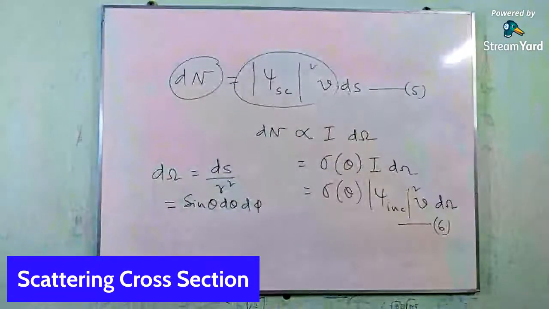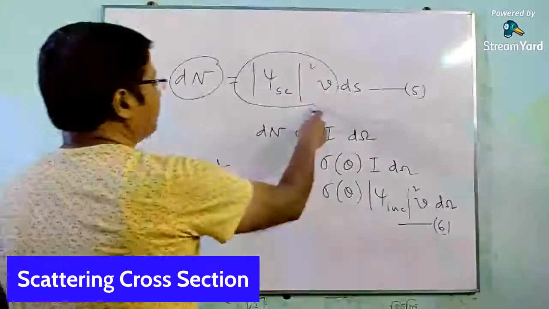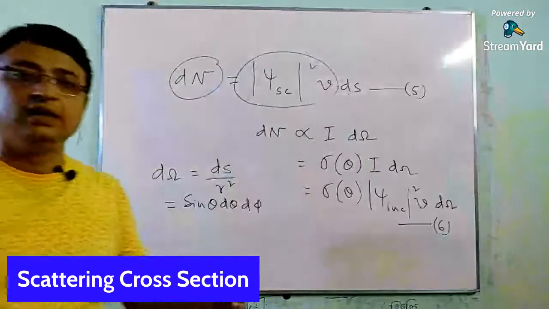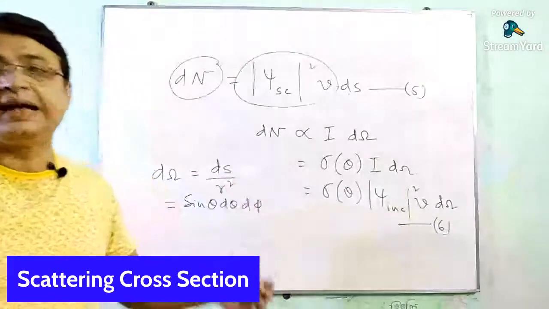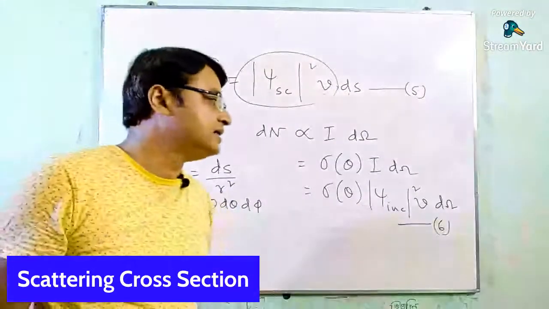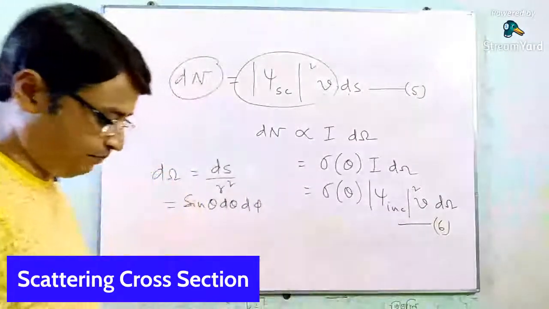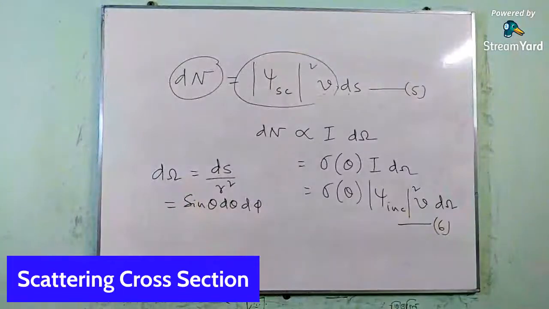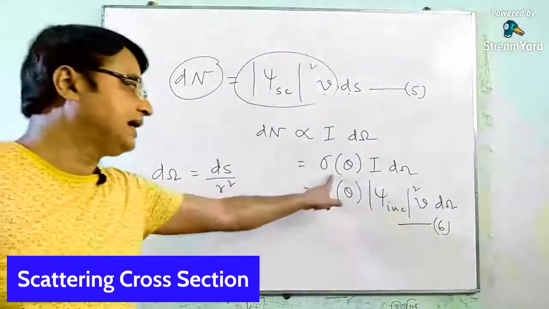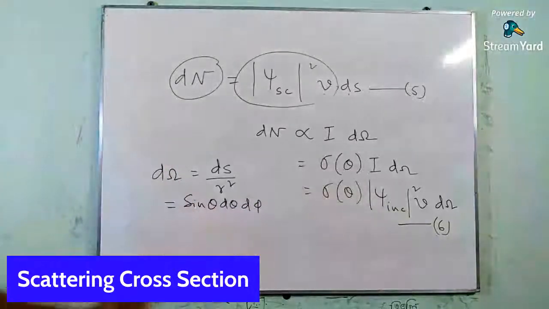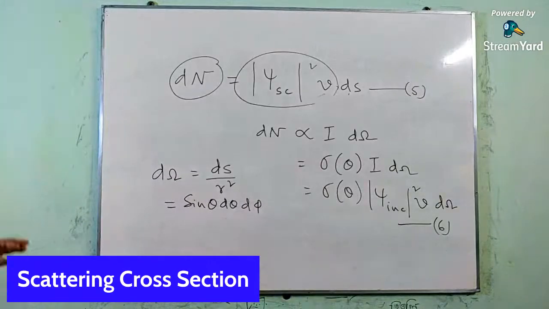So mod psi inc square into v is called the incident flux, just as mod psi sc square into v is the scattered flux. In general, this proportionality constant is taken as sigma theta comma phi, but here I am omitting phi.